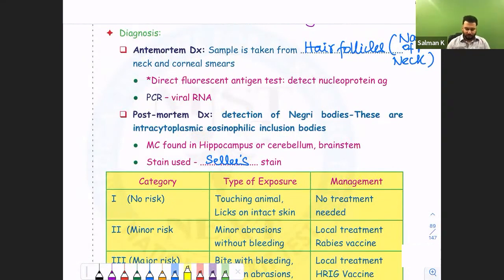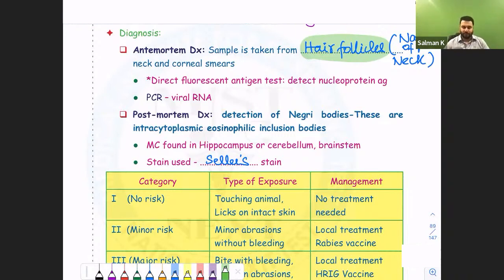See, if the person is living, we are going to do the diagnosis by collecting samples from the back of the neck. And what are we going to collect here? Hair follicles. We're going to collect the hair follicles here, right? I hope this is understood by all of you.